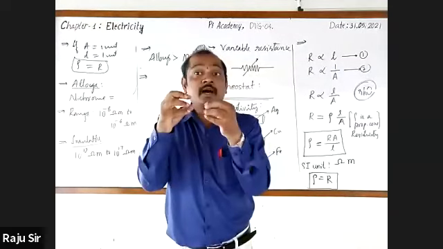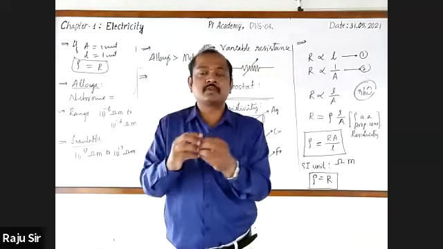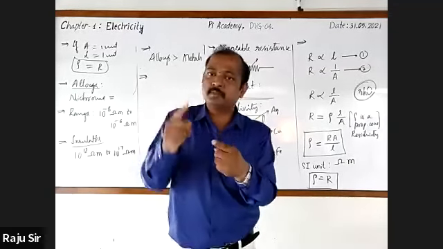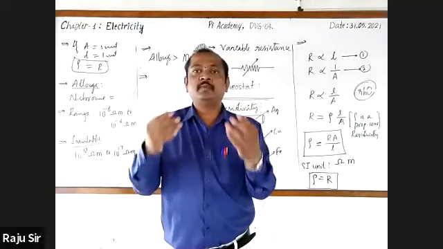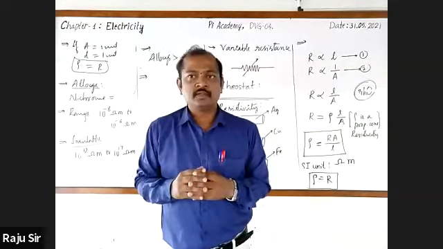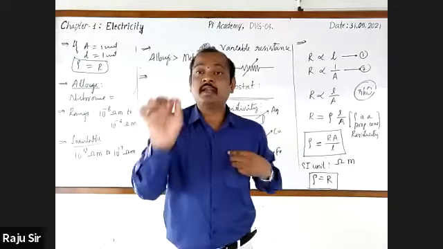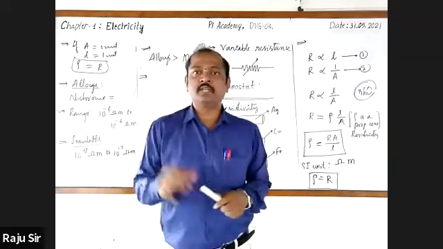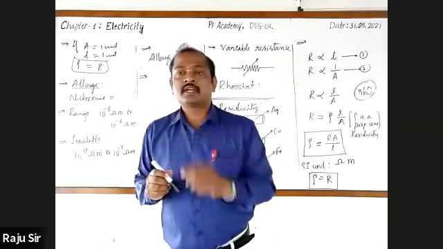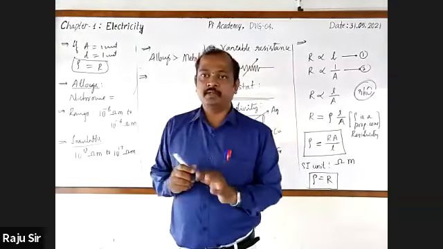If it is to be achieved, the resistance should be more. If the resistance has to be more, resistivity will also be more, right? So usually alloys have high electric resistivity, therefore they are used in electrical heating devices as a filament.